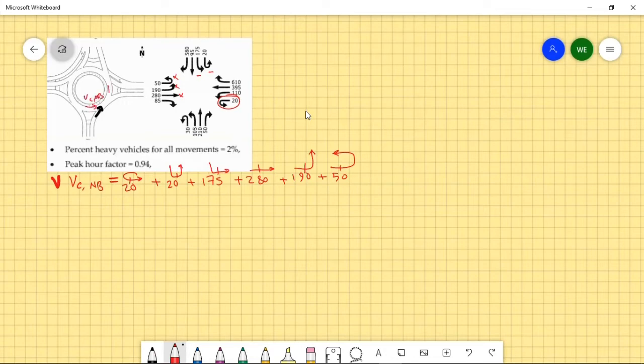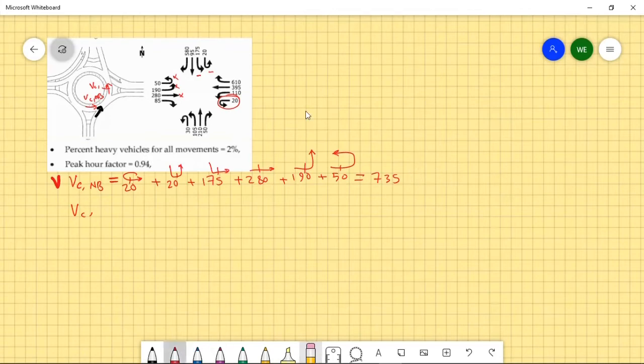Let's calculate the VC conflicting volume for the westbound. 735. So, thank you, Muhammad. 735 passenger car, or I think this is going to be passenger car per hour. Actually this is vehicle per hour, not passenger car per hour. It's not adjusted yet.